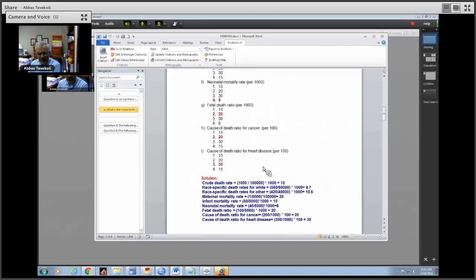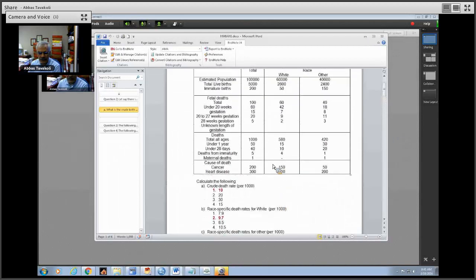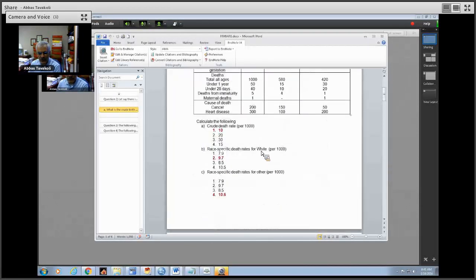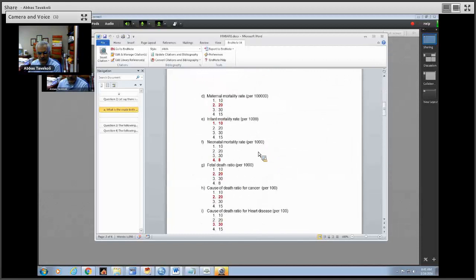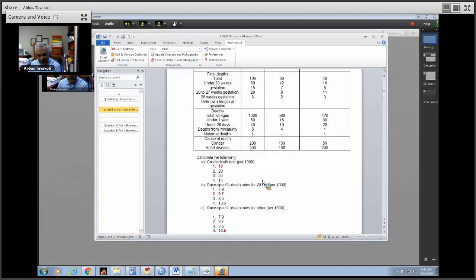Maternal mortality rate. Again, you have to use the total live births, 5,000, and we had one death. So that's the way you get the total maternal deaths. Neonatal mortality rate was 40 over 5,000.